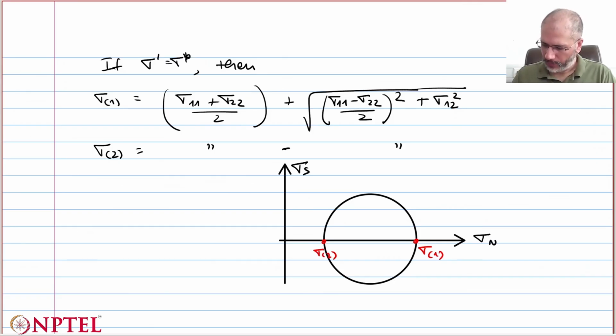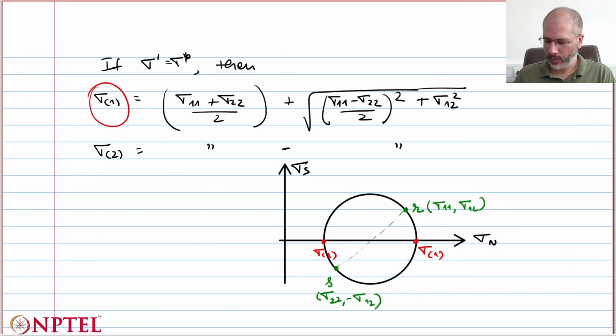And we had drawn a point R which corresponded to the normal in the x1 direction, and then diametrically opposite we had a point S, which corresponded to the x2 direction, and the coordinates in the stress plane for R were sigma 11 comma sigma 12, and for S they were sigma 22 comma negative of sigma 12. So what is sigma 1? Sigma 1 is this one.